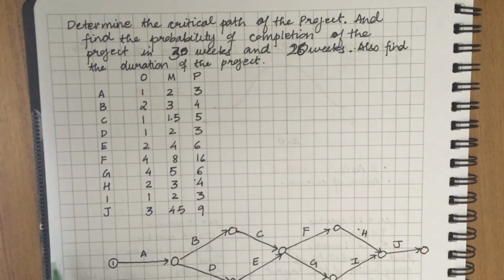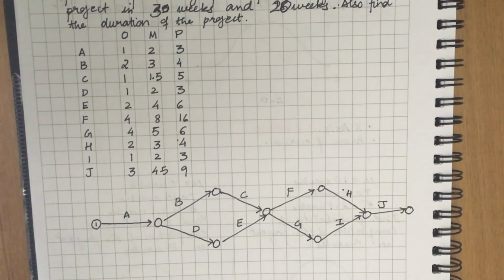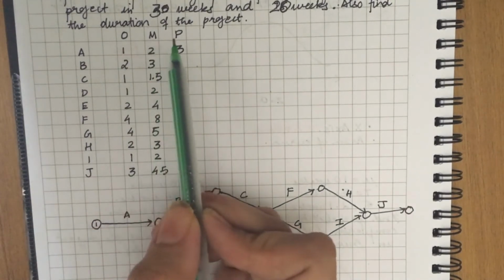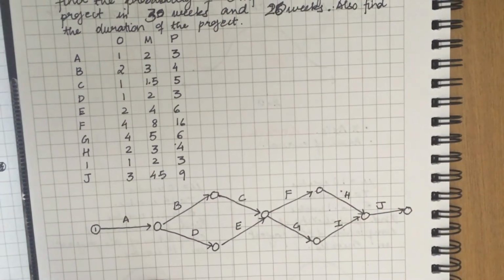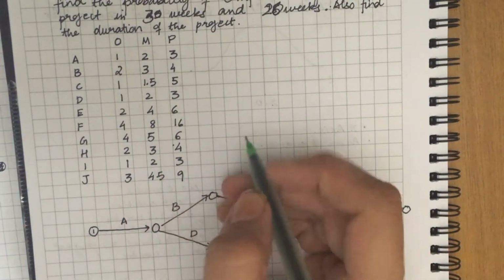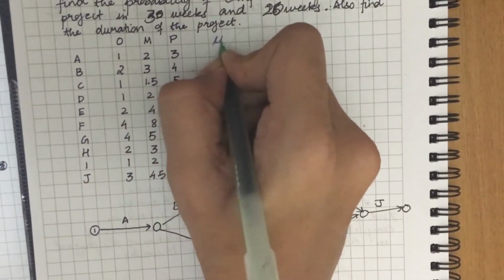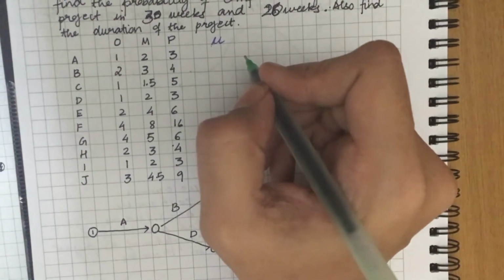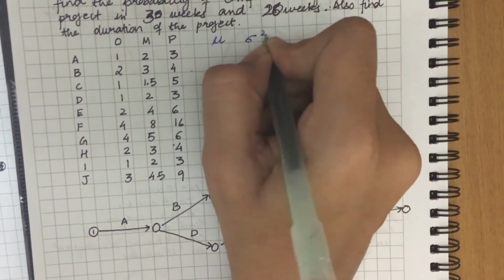So now the project network has already been given in the question. Along with this, the optimistic time, most likely time, and pessimistic time of each of the activities are given. So the first step is to find the values of mu, that is the mean estimate time, and sigma square, that is variance.